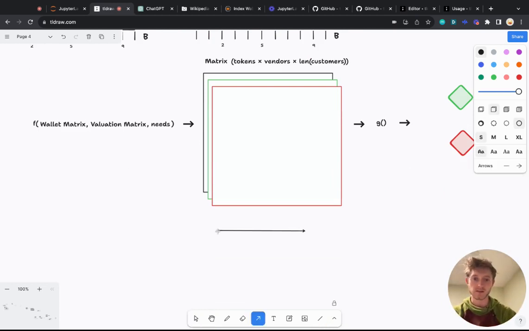Let's say this direction is prices. Now let's have them be vendors. So each vendor gets their own column.